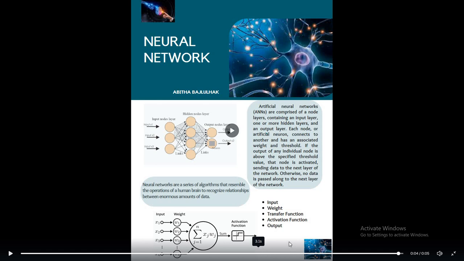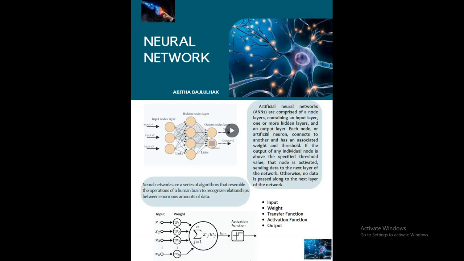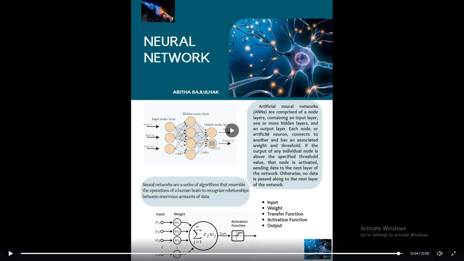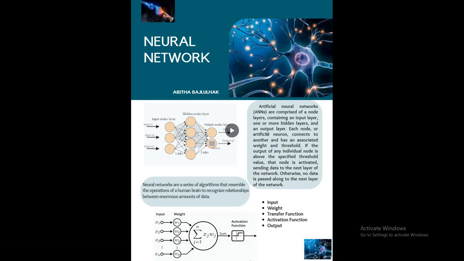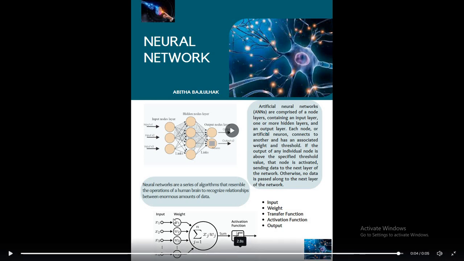A few examples of convolution neural networks are AlexNet, VGG, GoogleNet, etc. We also have GANs, generative adversarial neural networks, and there are transformer neural networks also. In short, this neural network architecture consists of inputs, weights, transfer function, activation function, and output. Thank you.